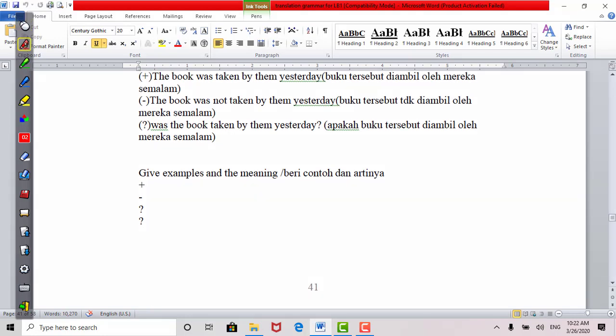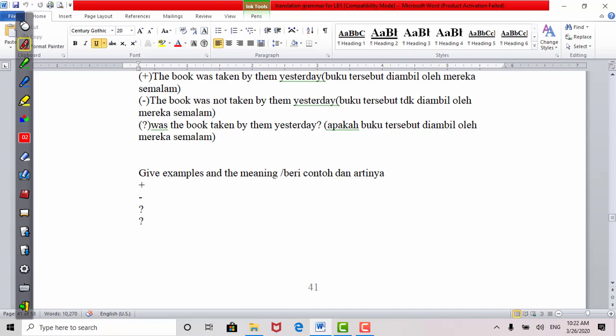I hope you can make your own example after the explanation. I will give you the first one. Later you can give your own examples at home by writing in your book.